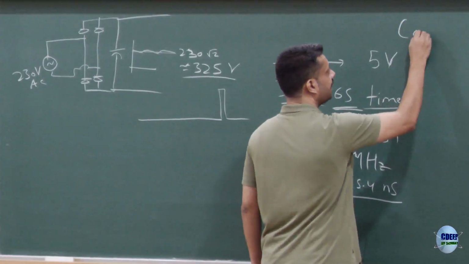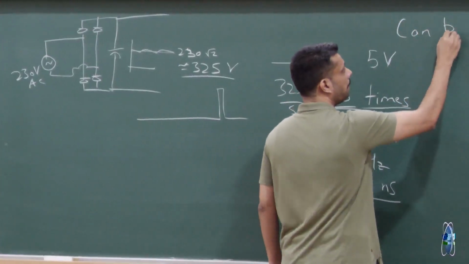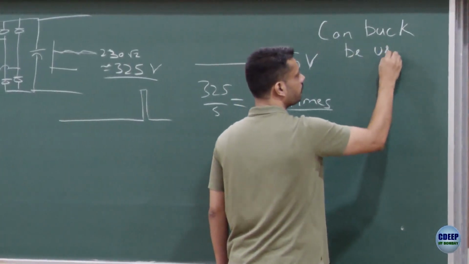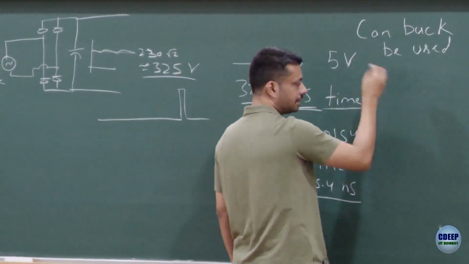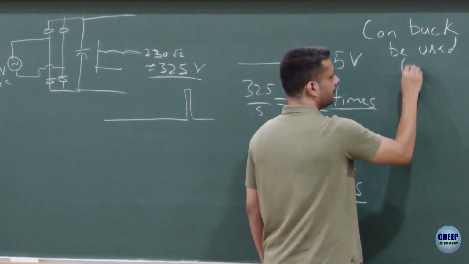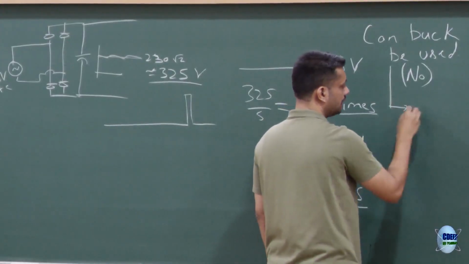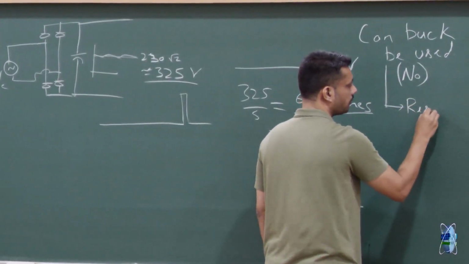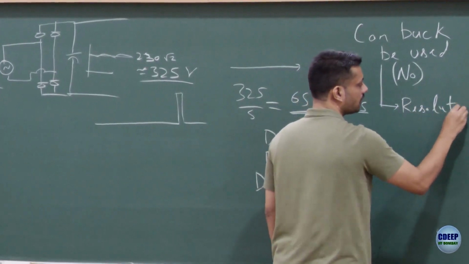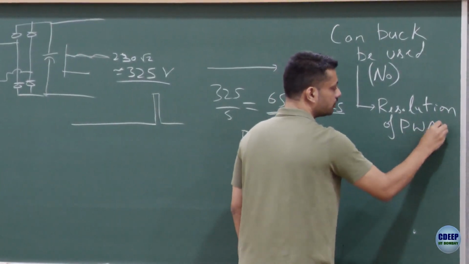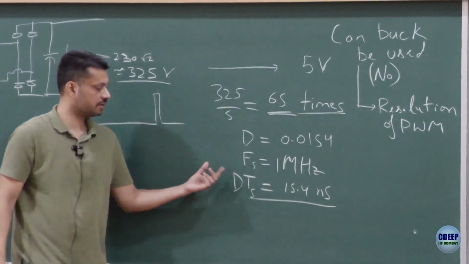So, can a buck converter be used? Of course, we know the answer would be no. But the first reason is the resolution of pulse width modulation, the resolution of this duty cycle.